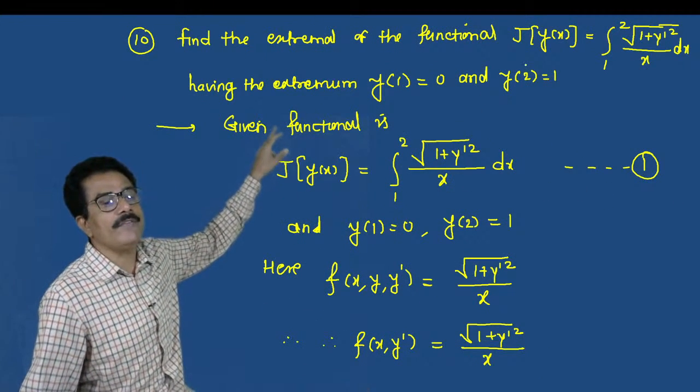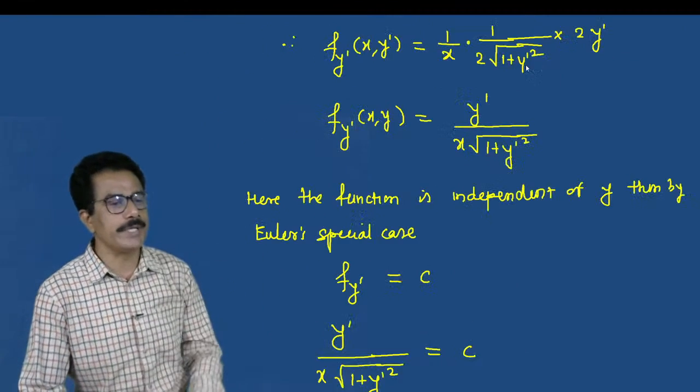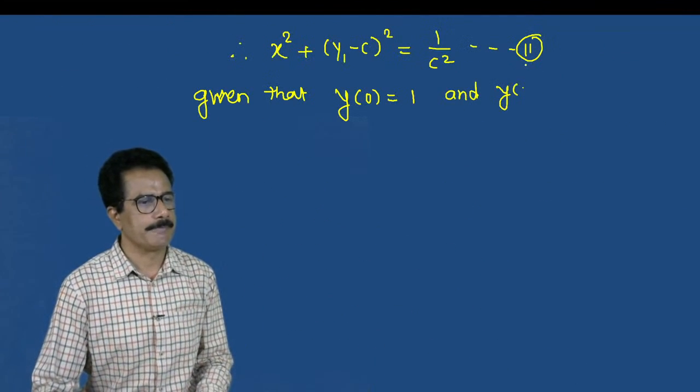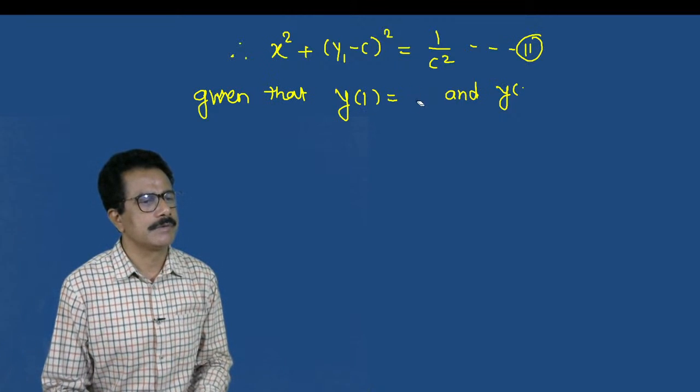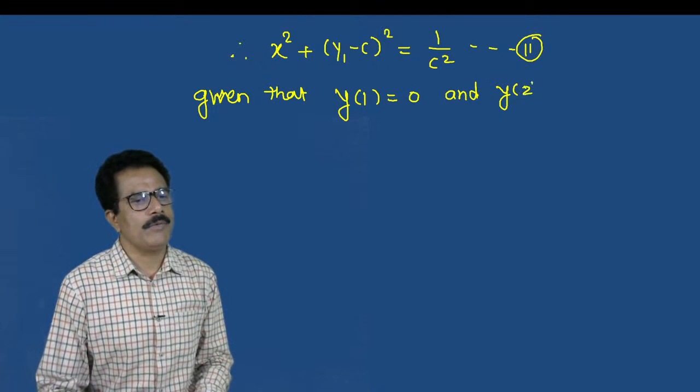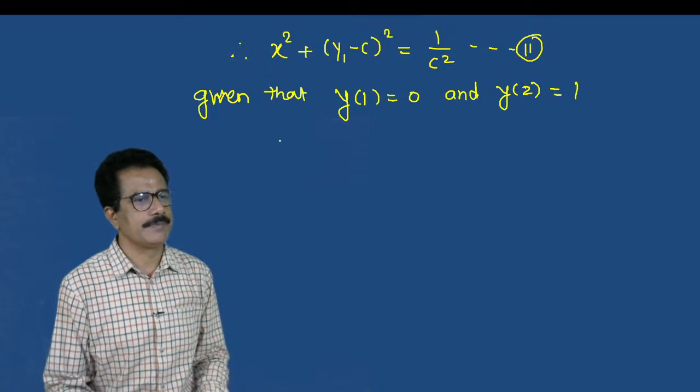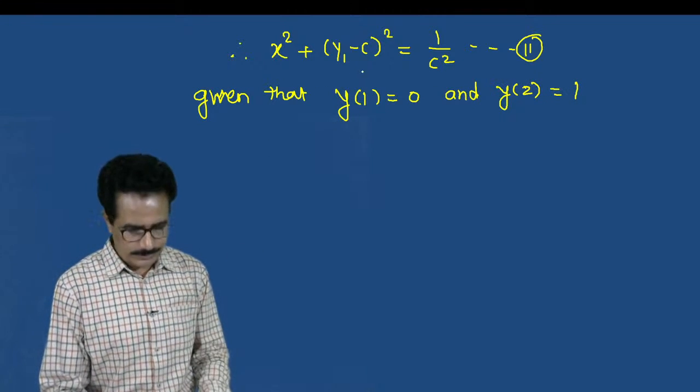We have been given y of 1 is equals to 0, y of 2 is equals to 1. Y of 1 is equals to 0 and y of 2 is equals to 1. So put this in y.